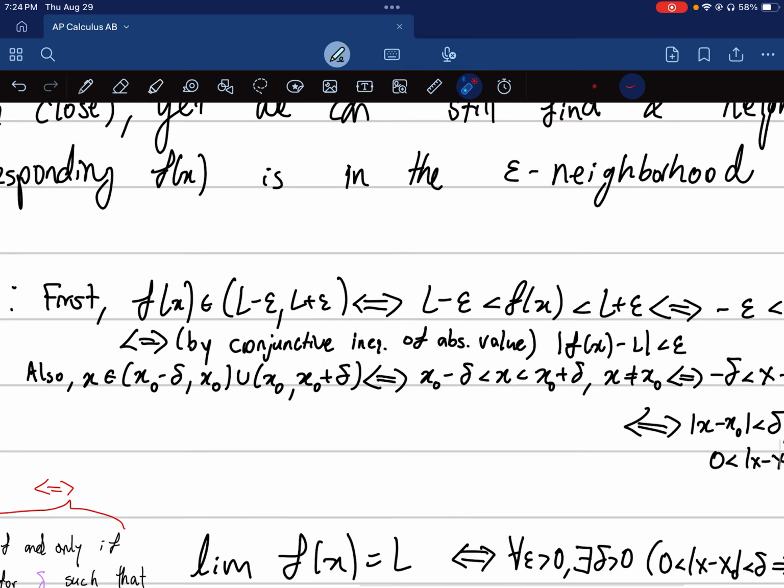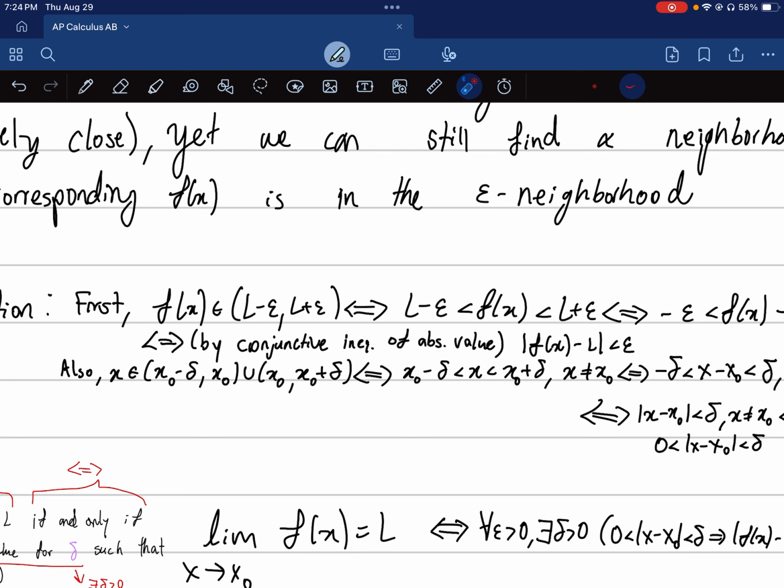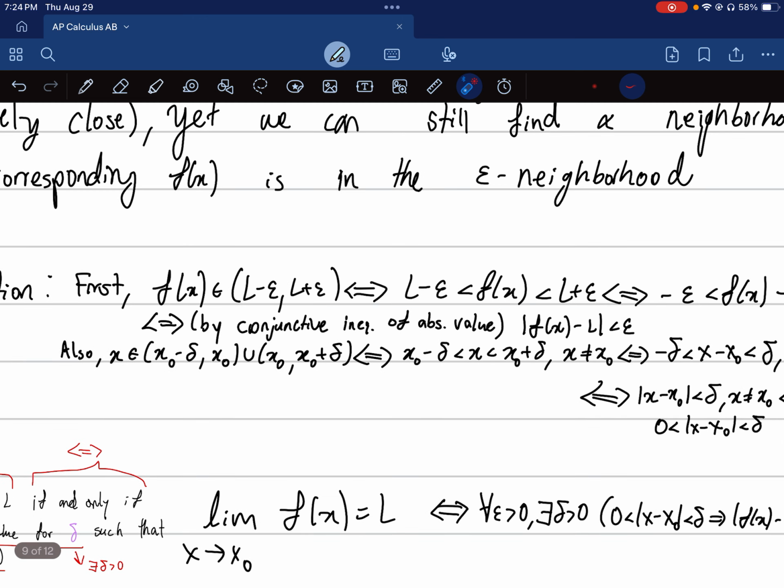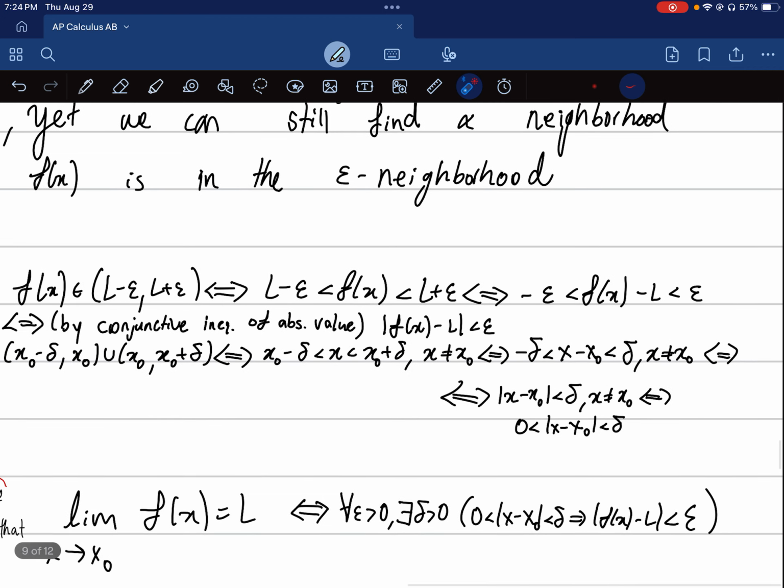Firstly, though, we'll go over a few things to convert set notation into inequality. f of x belongs to this interval right here, so if and only if the limit minus epsilon is less than, remember we have open parentheses, f of x, which is less than, again open parentheses, L plus epsilon. We'll subtract L from all sides. We'll get minus epsilon is less than f of x minus L is less than epsilon.